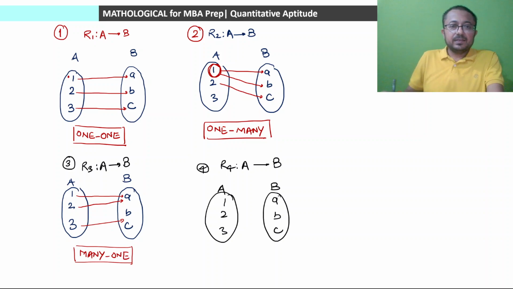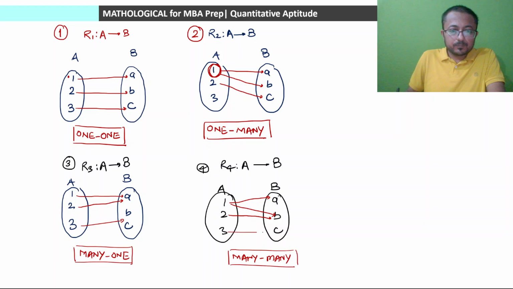That will be like, let us say 1 is related with A as well as B, that is, one element from set A is related with multiple elements in set B, and similarly multiple elements from set A are also related with the same element, one element of set B. So this is a many-many relationship. So these are the four cases: one-one, one-many, many-one, and many-many.